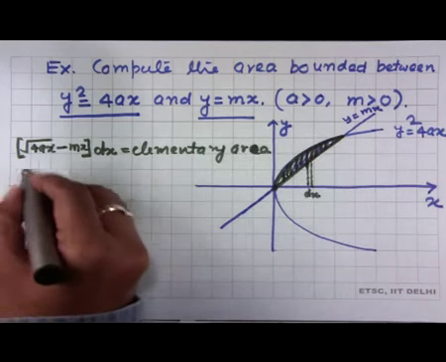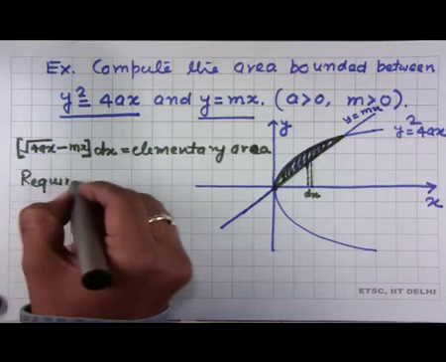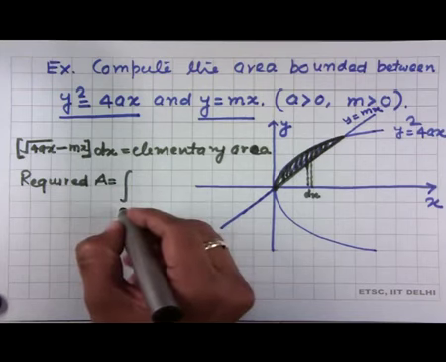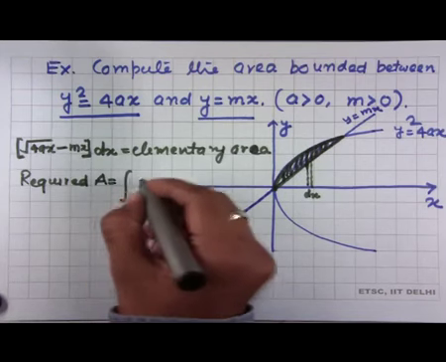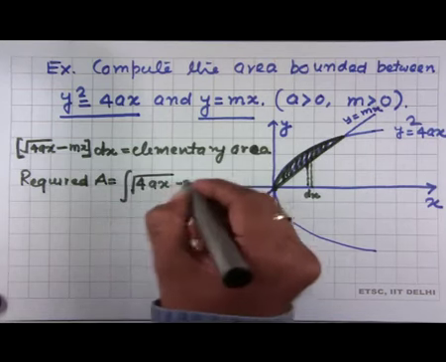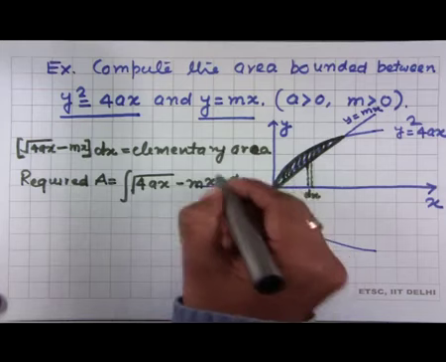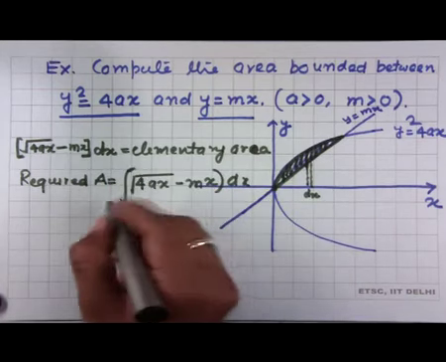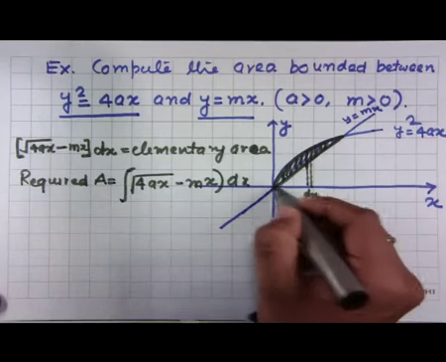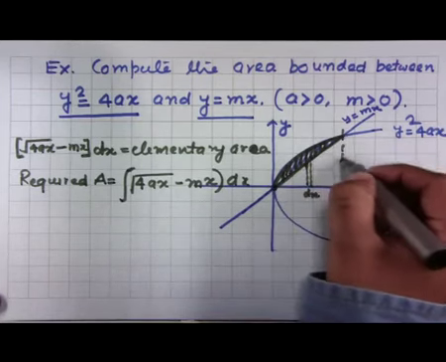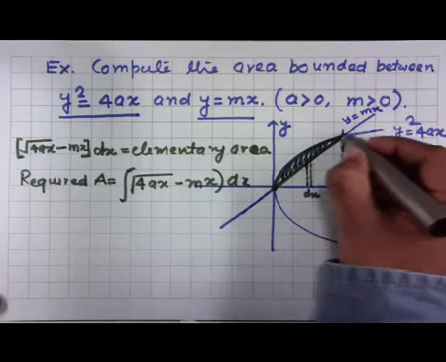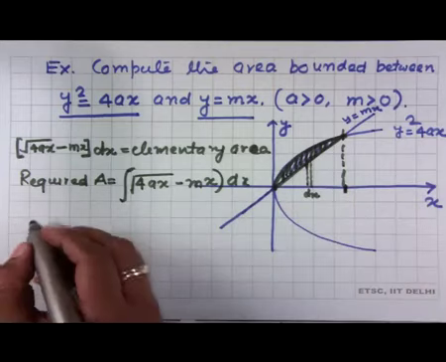So, the required area is integral of under root 4ax minus mx dx, where we are supposed to put the values of x. The value of x starts from the origin and goes to this point. To get the x coordinate of this point, we need to solve both the equations.